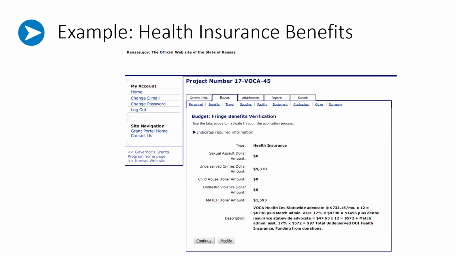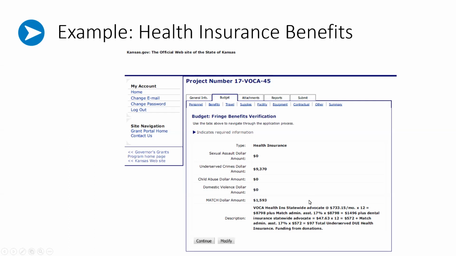I wanted to give you one example of how they calculated a fringe benefit. In this case, the health insurance is what we're looking at. We asked them to pay $9,370 for the health insurance, and we're contributing a match of $1,593.